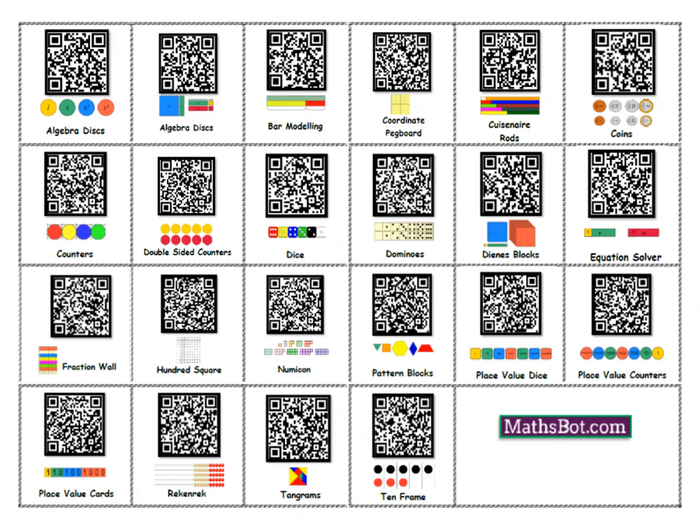These QR codes are scannable for use with the school iPads so that pupils can be taken directly to a digital manipulative, so that if you find yourself with not enough Dienes materials or you would like certain children to be using a digital version of that, they can easily navigate and go straight to those pages without having to go through the menus and etc. on MathSpot. So hopefully that is useful to you.